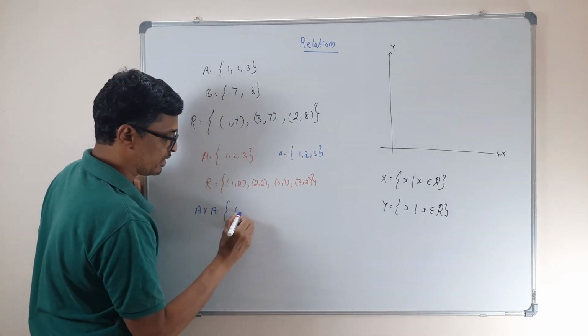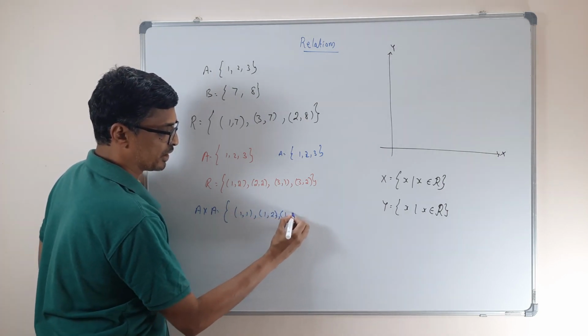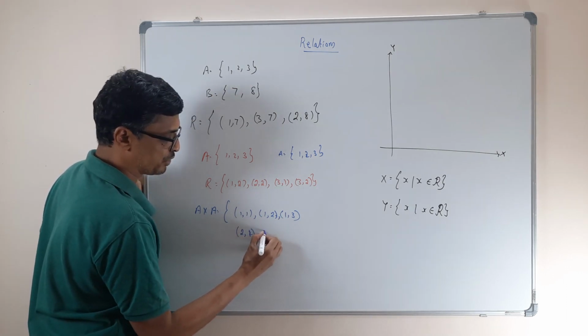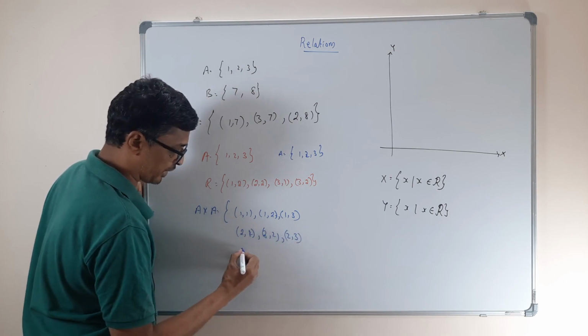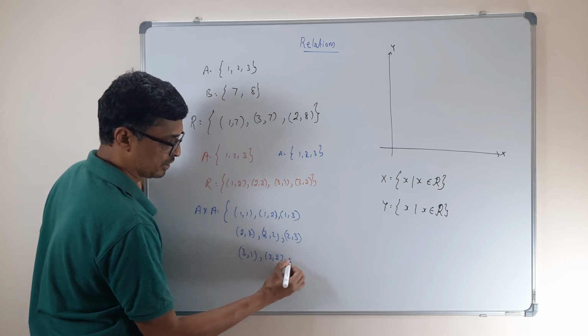1, 1, 1, 2, 1, 3, and then you write 2, 1, 2, 2, 2, 3, and then you go for the next one: 3, 1, 3, 2, 3, 3.